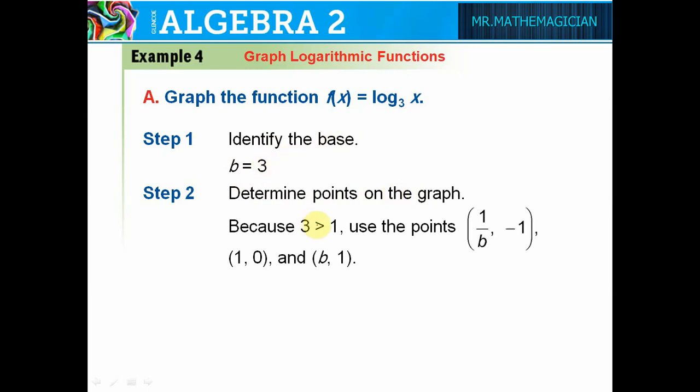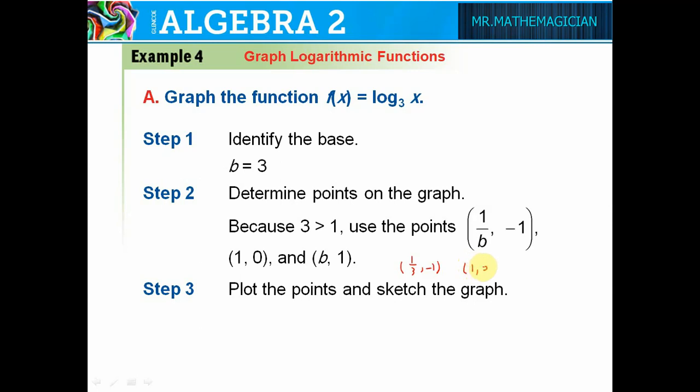Because base 3 is bigger than 1, let's use the points (1/b, -1), (1, 0), and (b, 1). If you replace b with 3, the points will be (1/3, -1), (1, 0), and (3, 1).